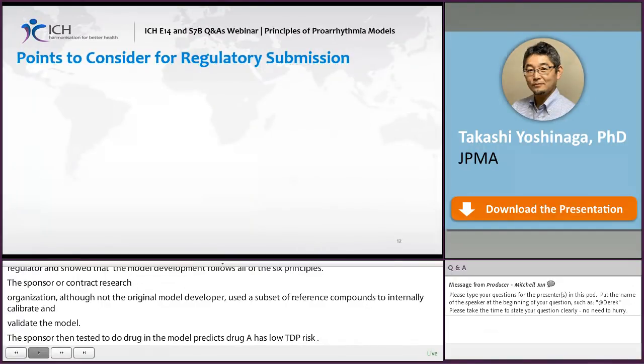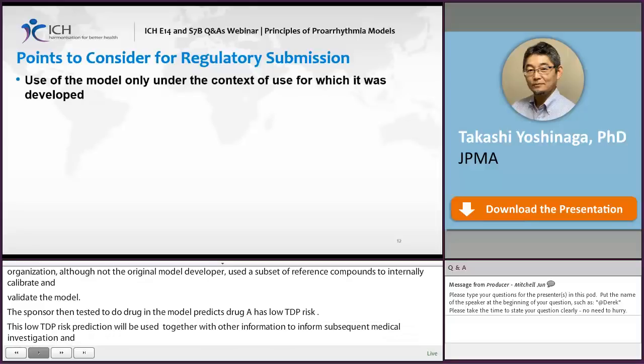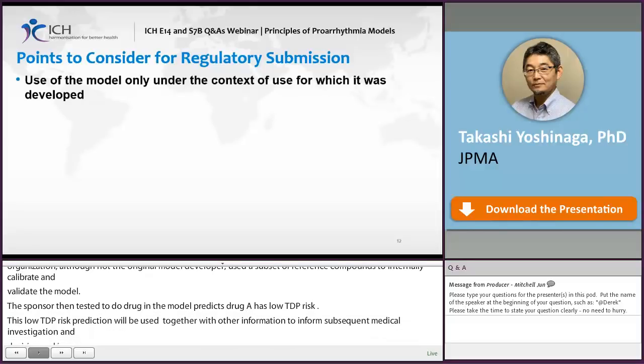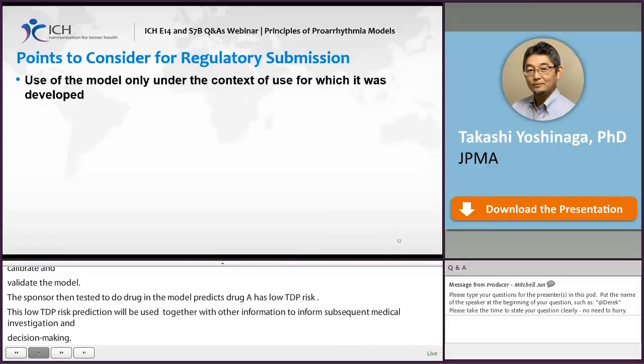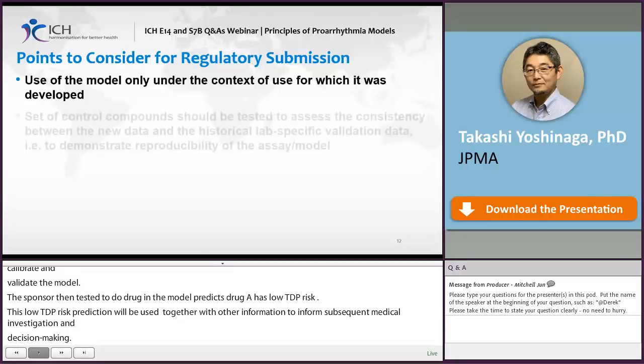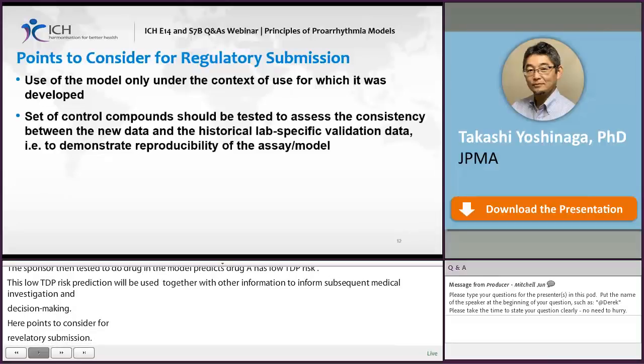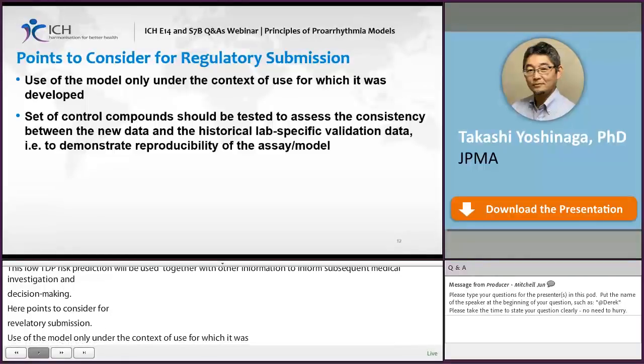Here are points to consider for regulatory submission. Use the model only under the context of use for which it was developed. A set of control compounds should be tested to assess the consistency between the new data and the historical lab-specific validation data, to demonstrate reproducibility of the assay and model.